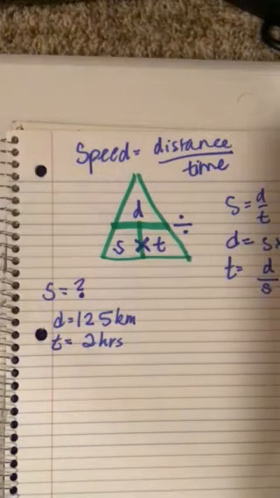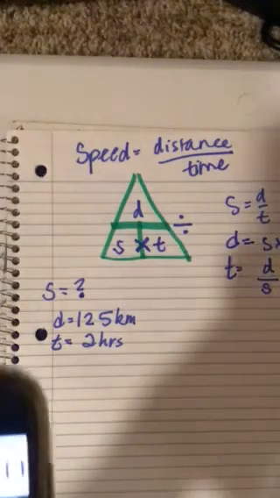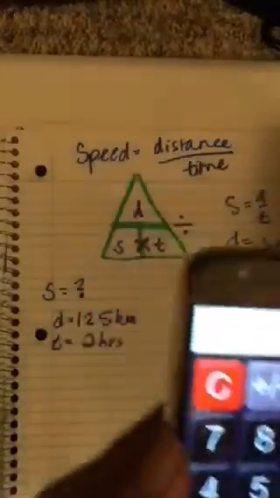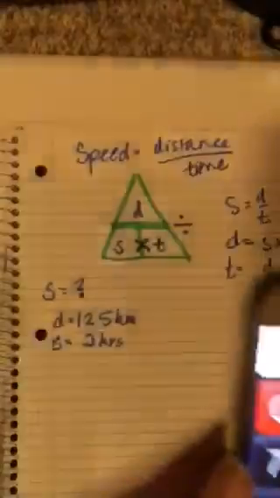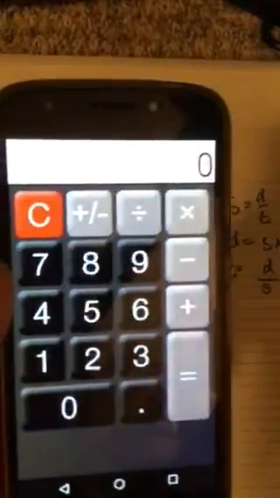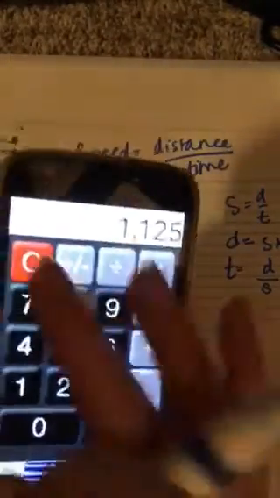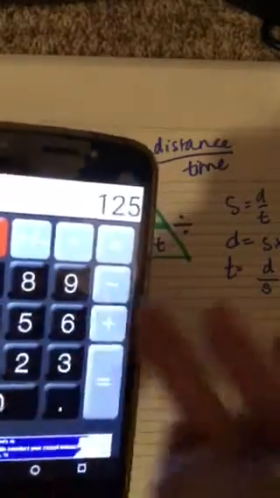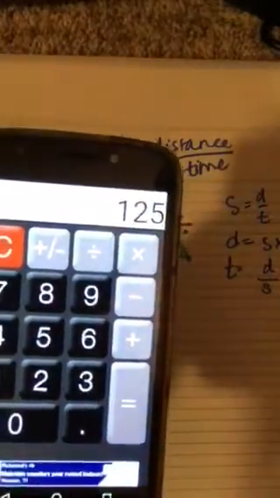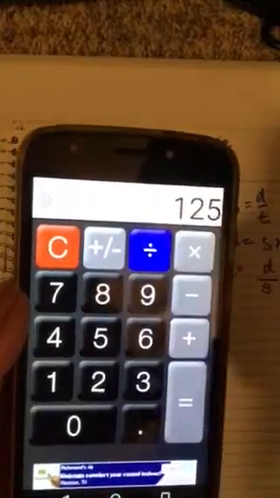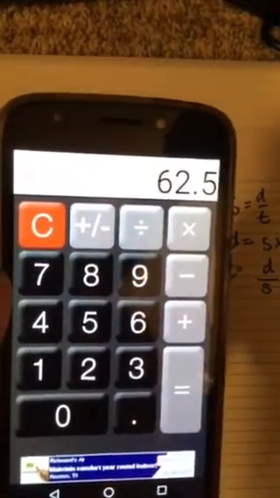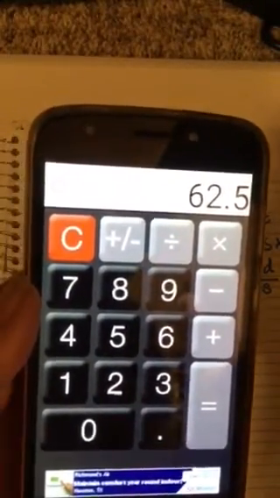So, wrong app. Let's see, there we go. We are going to have distance, which is 125, divided by the time involved, divided by 2, equals 62.5.